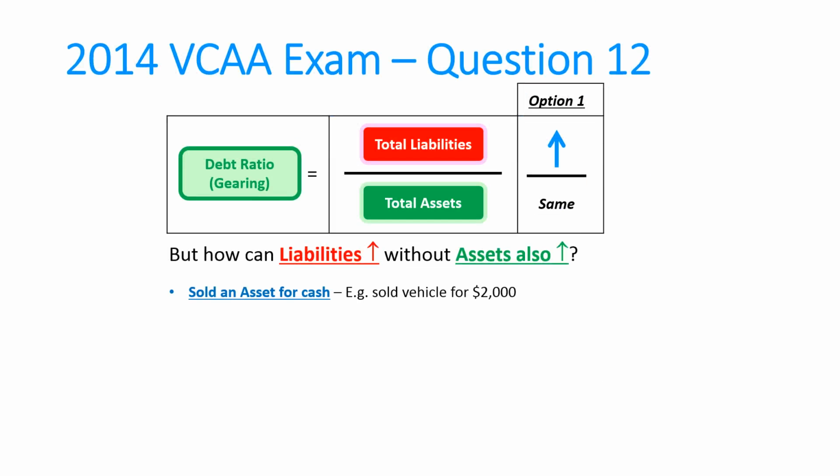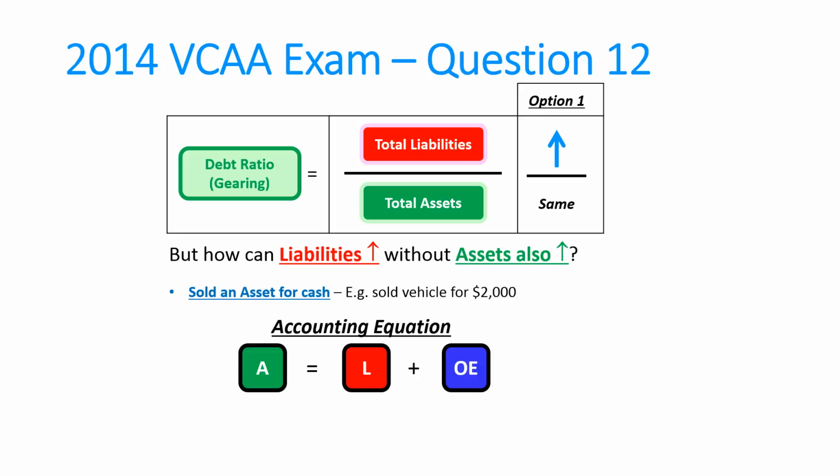Let's have a look at something a little bit different. What about if I sold an asset for cash? Whilst assets can stay the same, what about if I get rid of one asset? Let's pretend it's 1,000 instead of 2,000. Sold a vehicle for 1,000. However, the problem there is assets will go back up because I get $1,000 of cash.